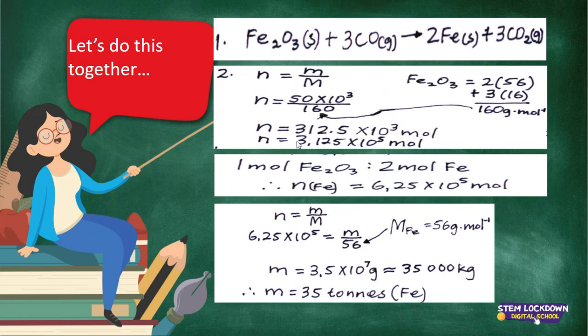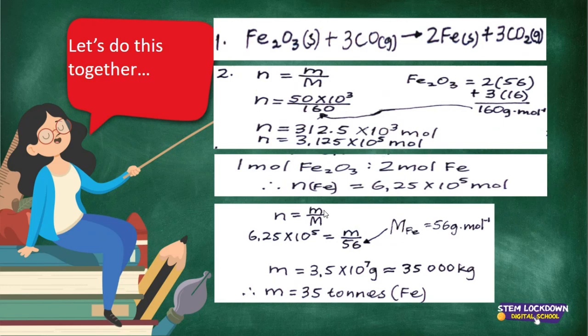So it will give you 312.5 moles, which in scientific notation is 3.125 times 10 to the power 5 mole.